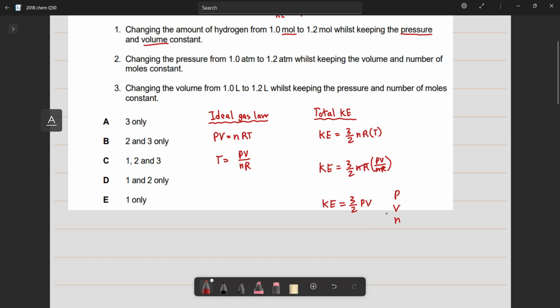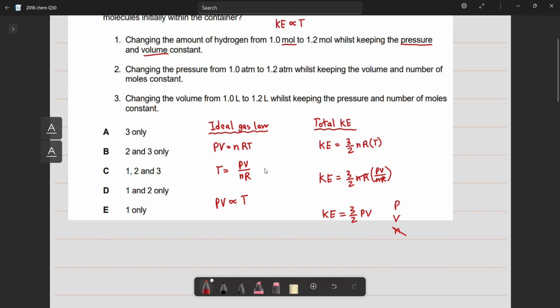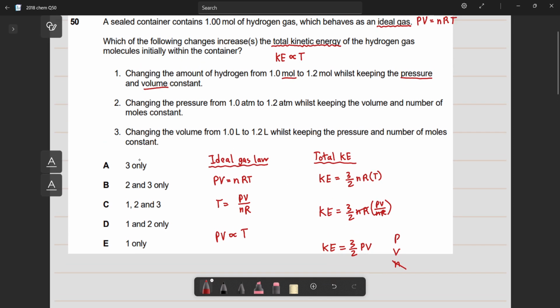We will ignore the change in moles because they do not affect the total kinetic energy of the molecules. Only the temperature is affected, and in the ideal gas formula, pressure and volume are dependent on temperature. That's why we're just going to consider the pressure and volume and leave the moles out. So let's move to statement one.